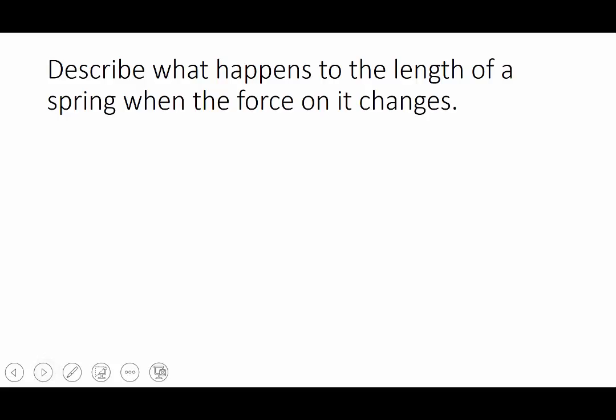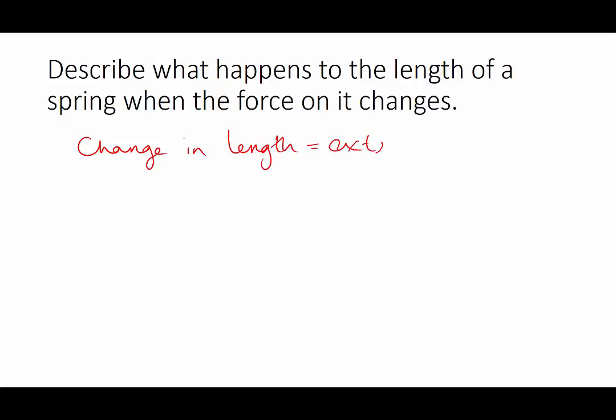Okay, so what happens to the length of a spring when the force on it changes? Well, the first thing we need to be talking about is the term extension. And the extension is the change in the length of the spring. It's a useful term for us to use when we're describing the way that springs change under tension. So, the rule for springs is called Hooke's law.